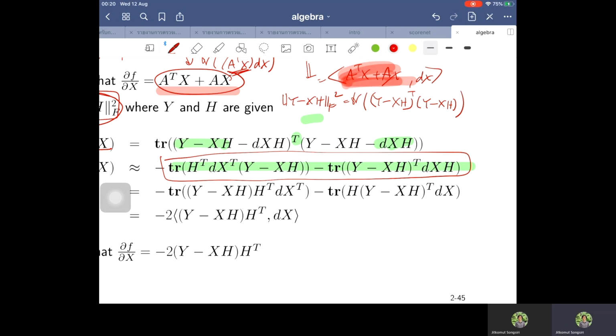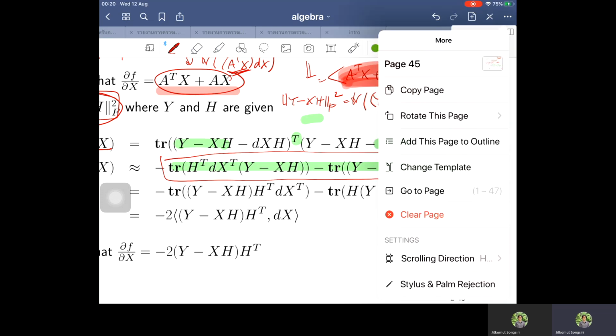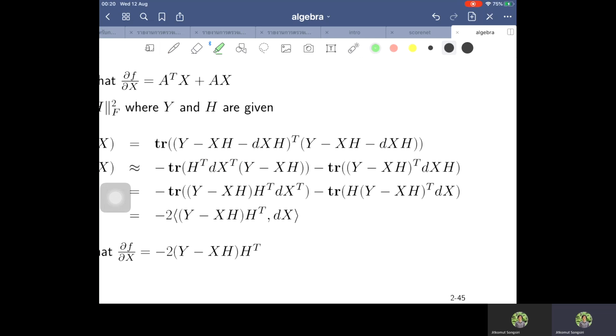Then we just need to write it as an inner product between dx and something, and that something, which we need to figure out, should be our first derivative. Now let's do it. Let's take a look at the first term, the trace of this.